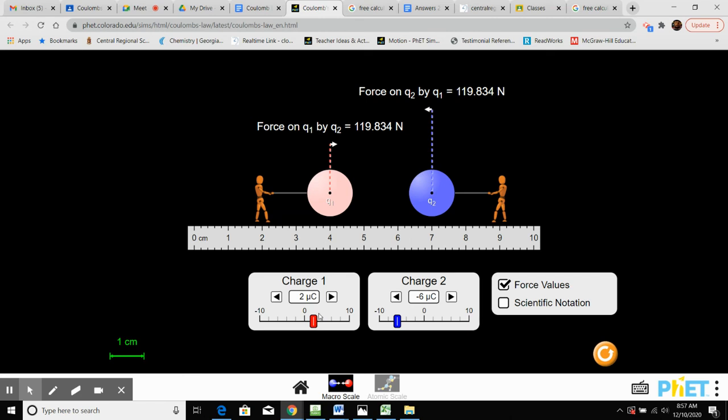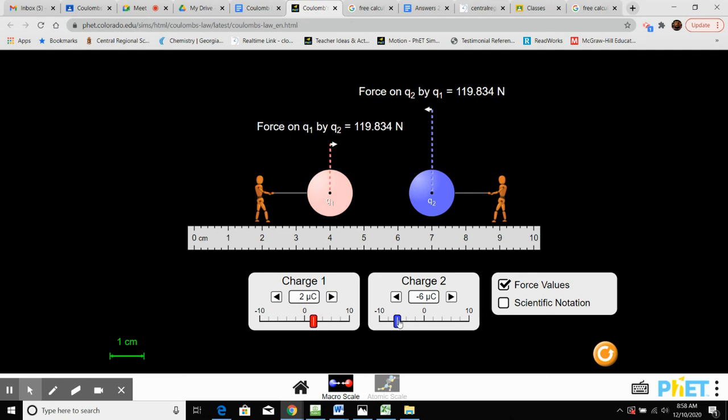So in a calculator, if I took 119.834 and multiplied that by 2, my calculator tells me it's 239.668. So if I double this charge, let's say, to 4, oh snap, it did work. Okay.